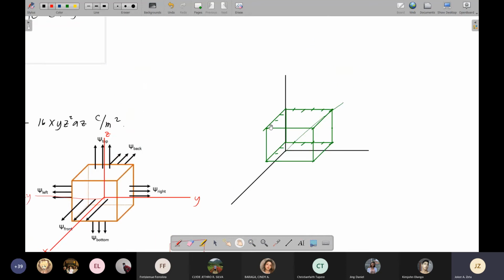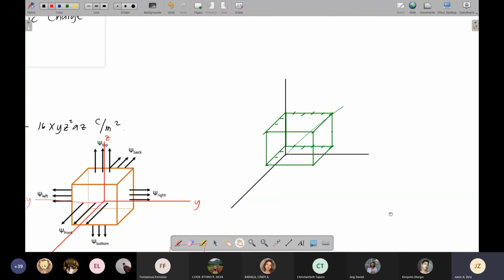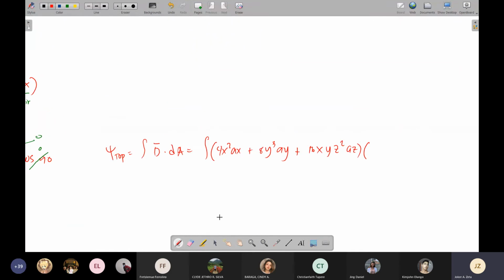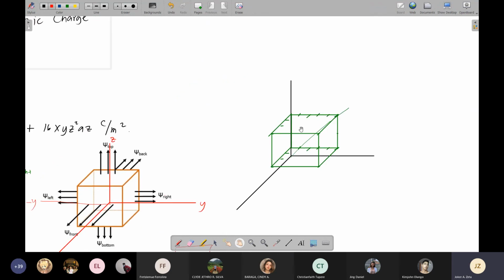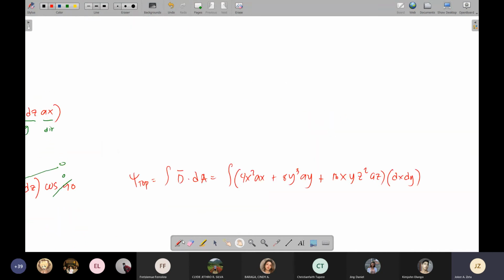The dimensions of the top surface would be this, which is the x-axis, and this, which is the y-axis. So that is dx dy. Now, what is the direction of the top surface? If the charge goes out through the top surface, its direction would be going towards the positive z-axis, or that is positive az.